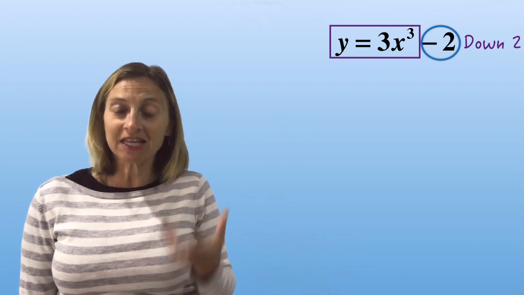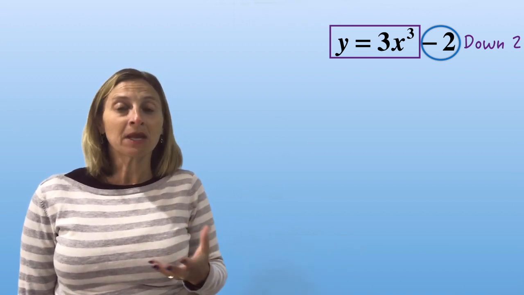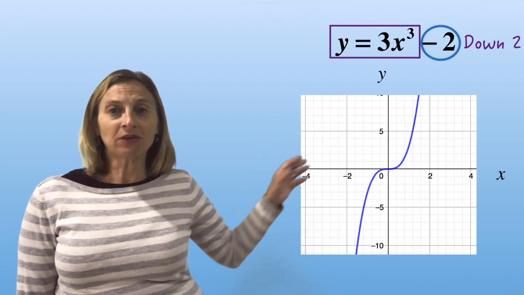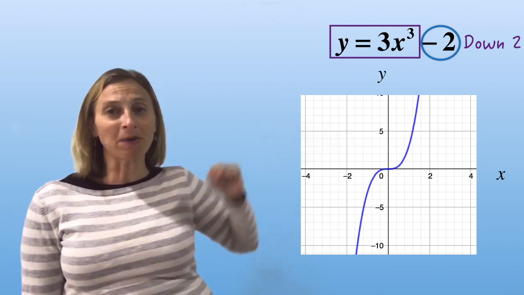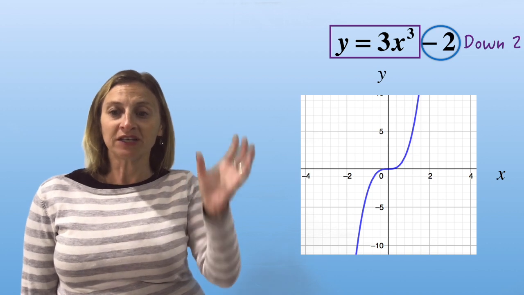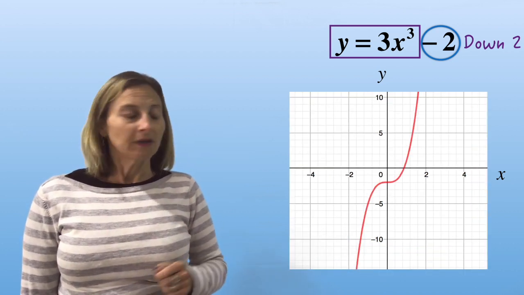Hopefully you're starting to see what's happening and that the graphs are starting to become more doable. So we have our basic graph for y equals x cubed, but this one's going to be a bit steeper because of the 3 in the front. And now we need to move the whole graph down 2. And that's what we're left with.